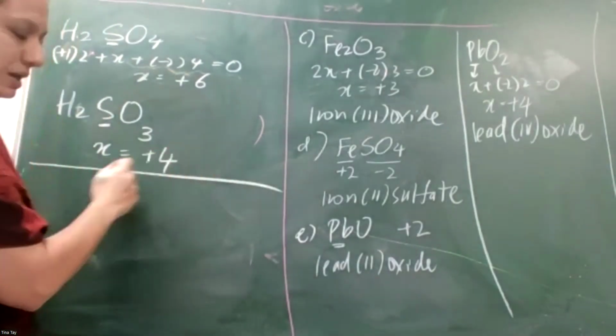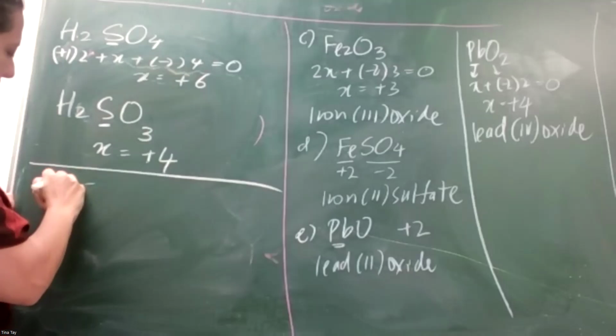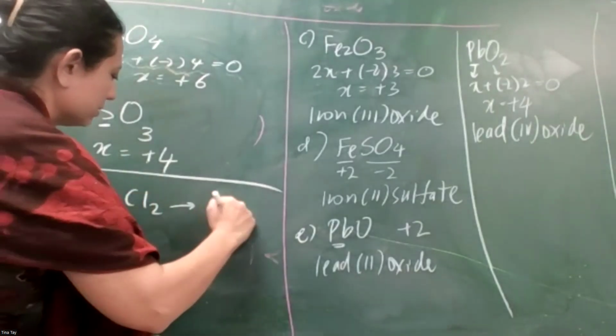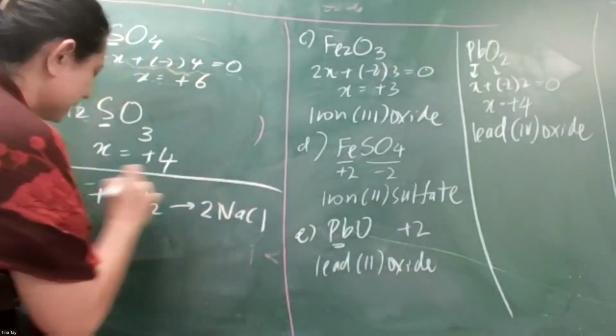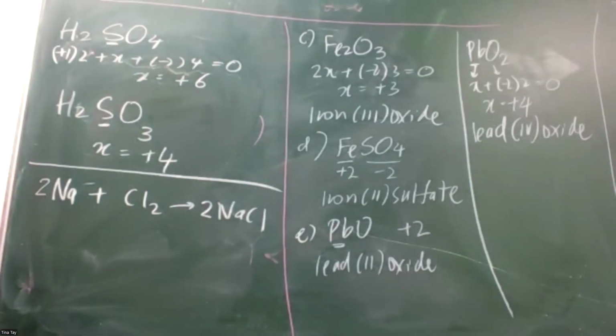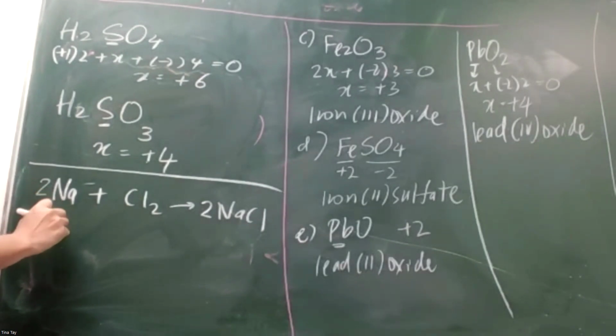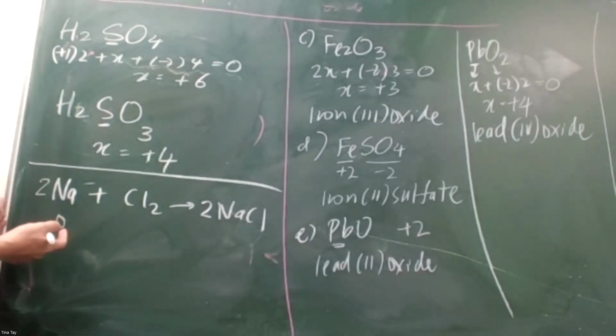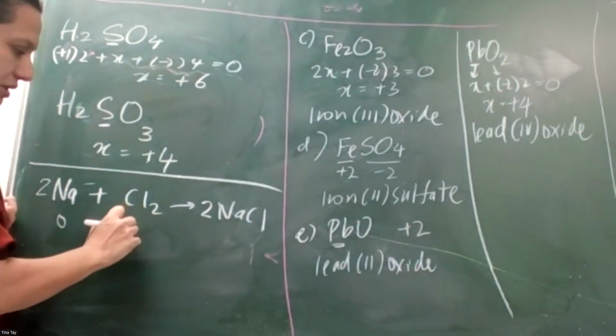Okay, now, what do we do with these numbers? So, let's look at this. I have a very simple equation. Sodium plus chlorine becomes sodium chloride. Sodium is the element, right? What is the oxidation number of sodium? Zero. Why is it zero? Because it's a pure element. So chlorine is also zero.